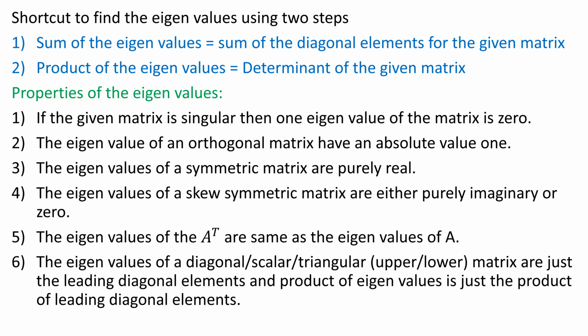So if the matrix is in the form of a diagonal, scalar, or triangular matrix, upper triangle or lower triangle, directly the leading diagonal elements will be the eigenvalues, and the product of the eigenvalues is the product of the leading diagonal elements.